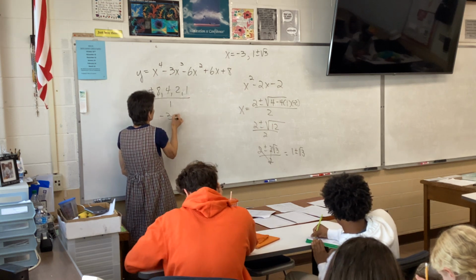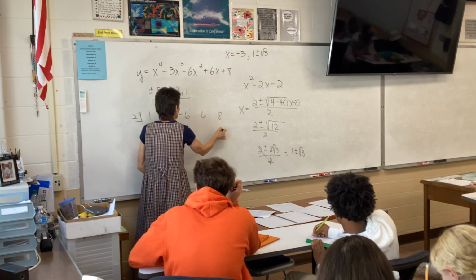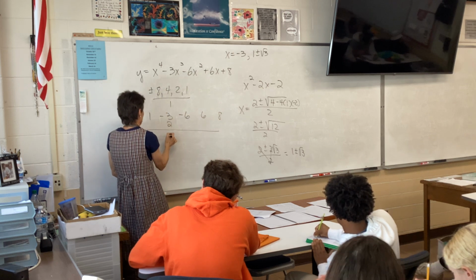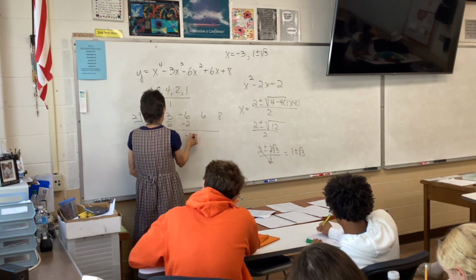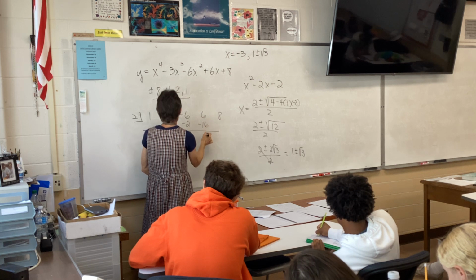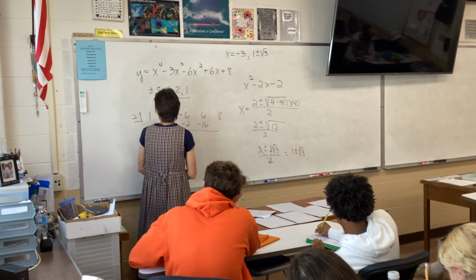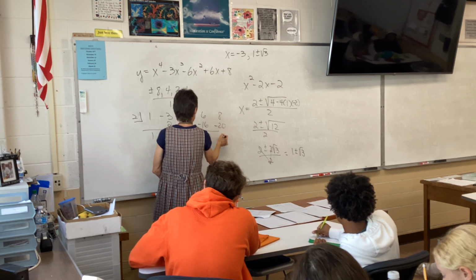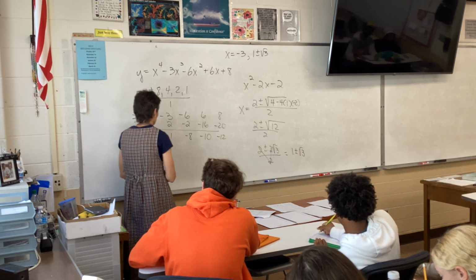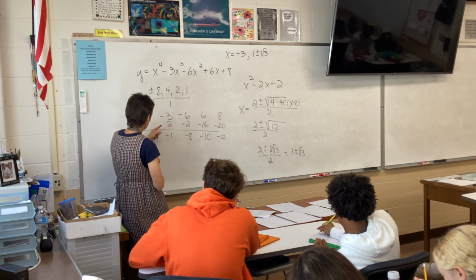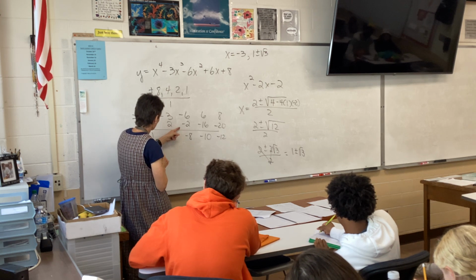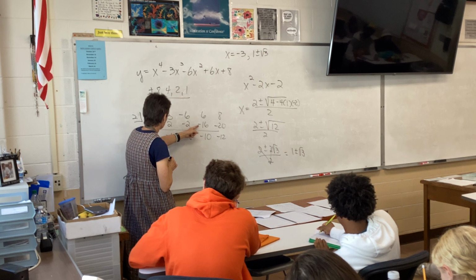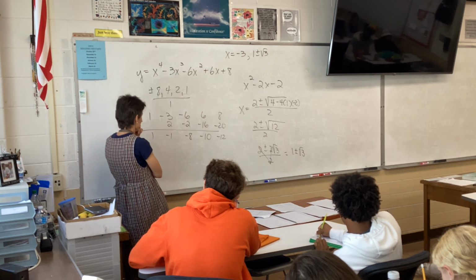Let's try it. Okay, unless I messed up, I don't think it's gonna work. I make a lot of mistakes when I do this, so I have to be really careful. I don't think it works, does it?